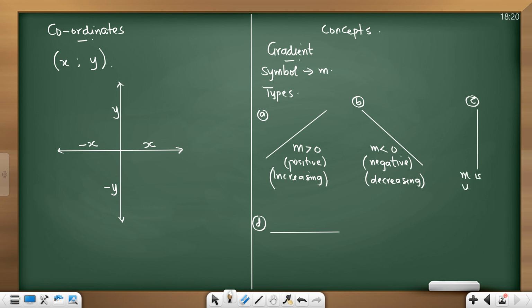Gradient is undefined, and we will see why shortly. And gradient here is equal to 0, a horizontal line. By the way, the other one is a vertical line. So the gradient of a vertical line is undefined, while the gradient of a horizontal line is 0.